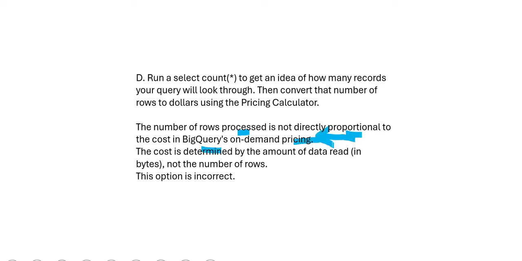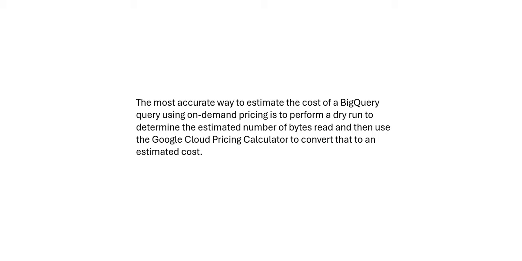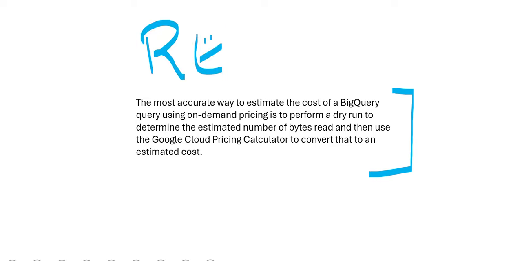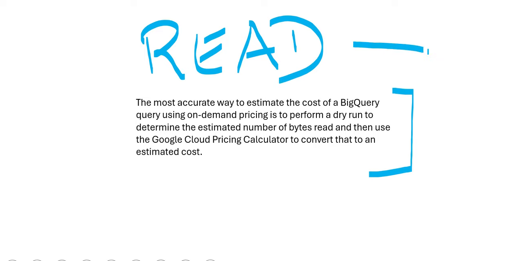On-demand pricing is based on bytes read, not number of records processed. So the most accurate way of calculating the cost is to use a pricing calculator and use the number of bytes read, not returned, not written, only read.